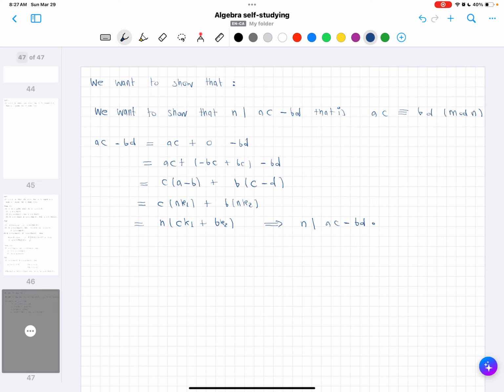Okay, so I will include more intuition as we go on, as this is a very important idea, this notion of adding zero structure to have things cancel out.